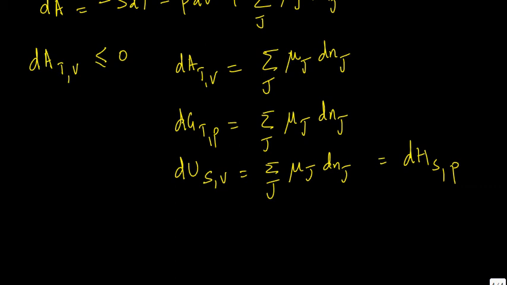And you understand what this additional work is? Additional work always comes out to be negative when the process is spontaneous. The system must do work on the surroundings. Only then can the process be spontaneous.